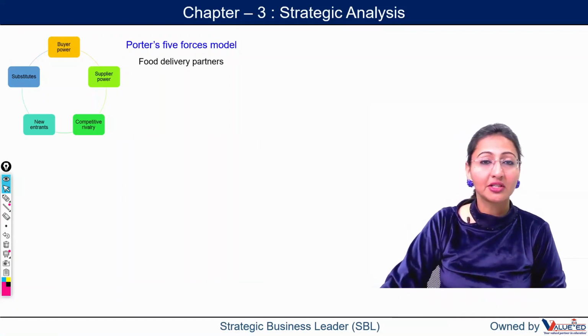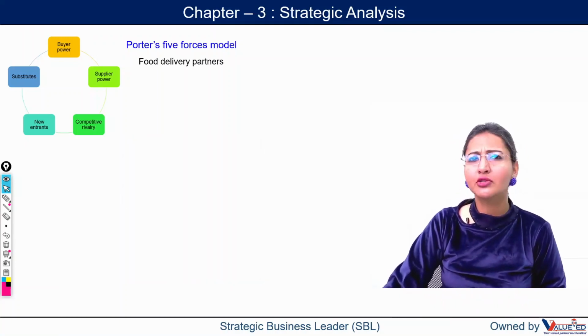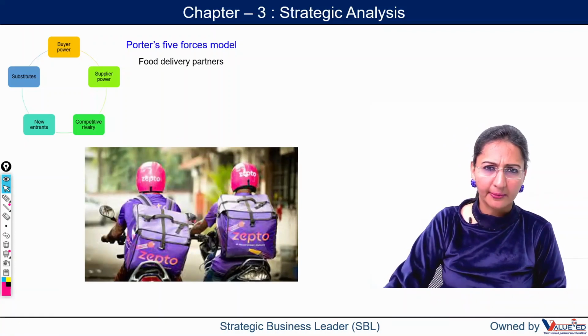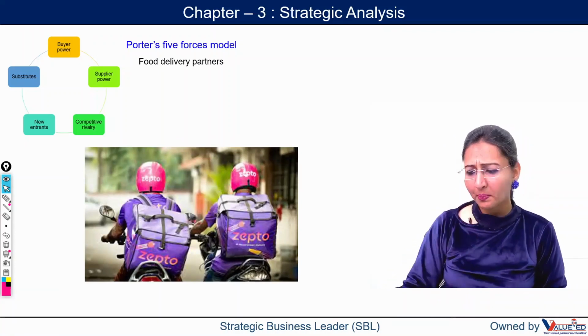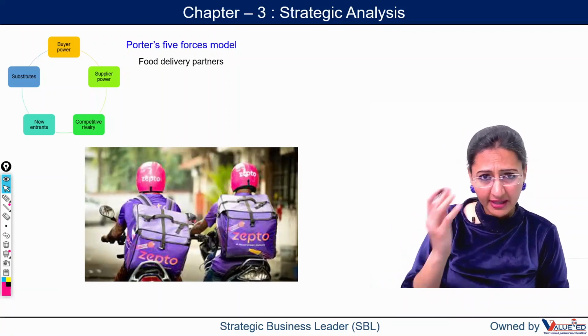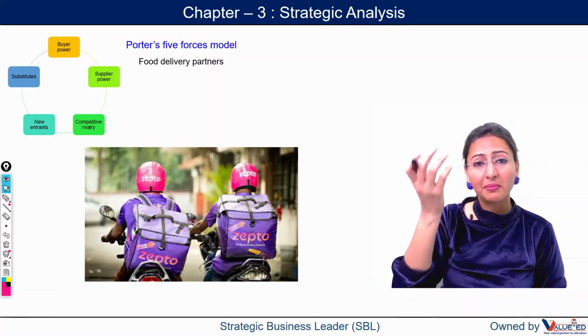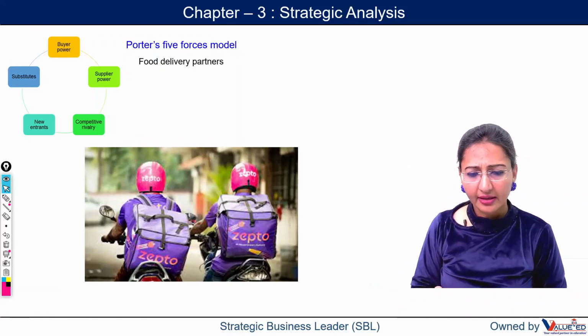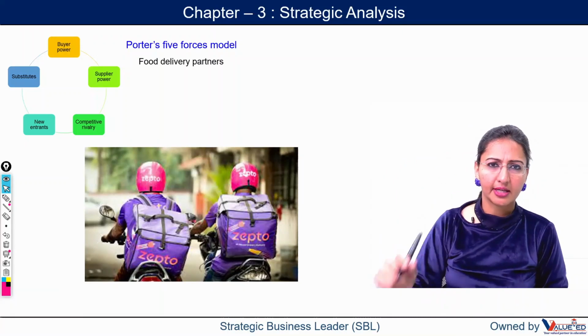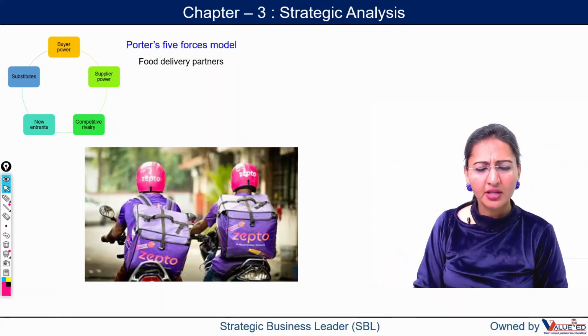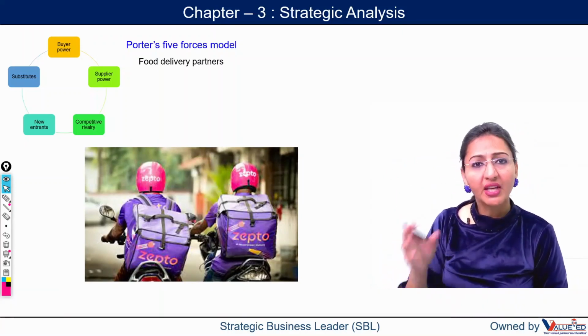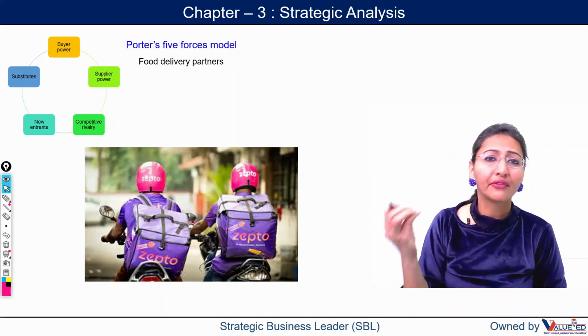Then comes the substitutes. Now, do we have any substitute for Zomato and Swiggy? Really not. But we have one more player, rather many, Blinkit can be one of them, Milk Basket, Big Basket. They are there, but they have a different setup. So, not exactly substitutes. I just wanted to highlight they are substitutes, but with a difference.